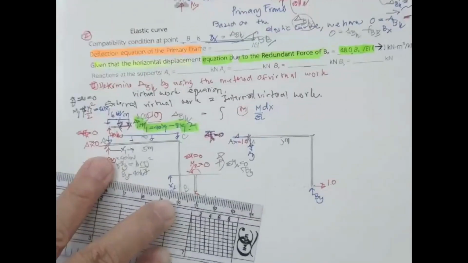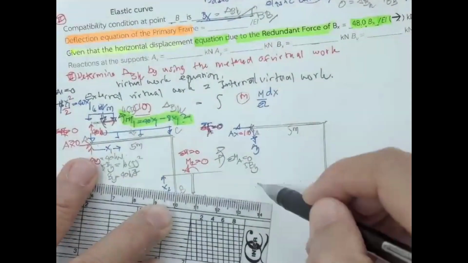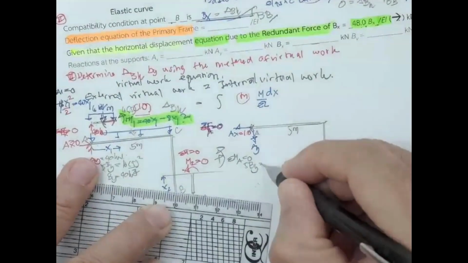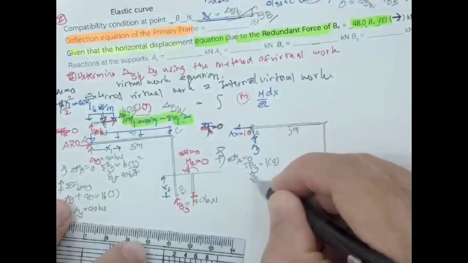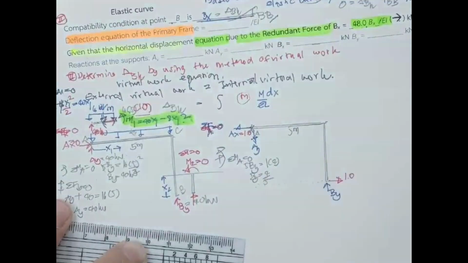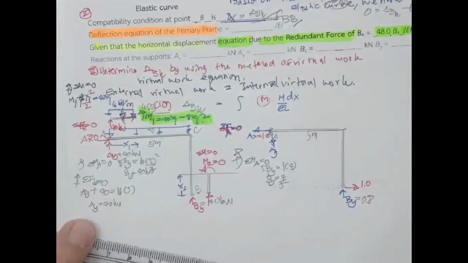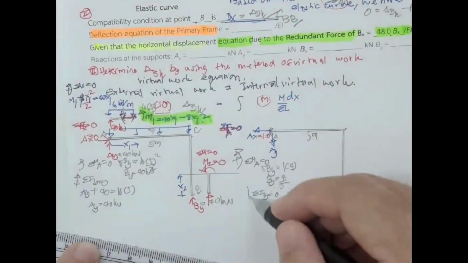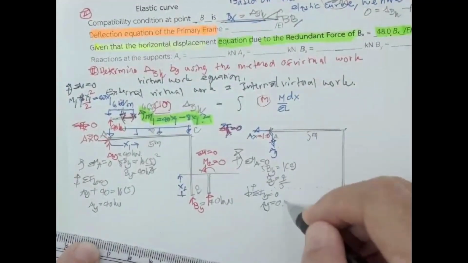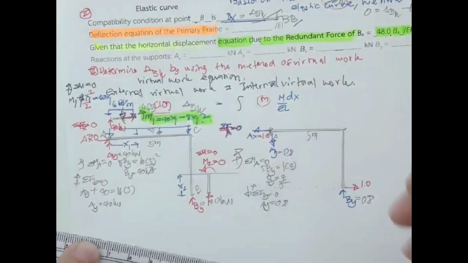But the line of action of the 1.0 unit load is going to times what? This is going to be 4. So it's going to be 1 times 4. Our B sub Y is going to be 4 over 5, that's going to be 0.8. Okay, 0.8. And then if you do the summation F sub Y equal to 0, downward positive, A sub Y is going to be 0.8.